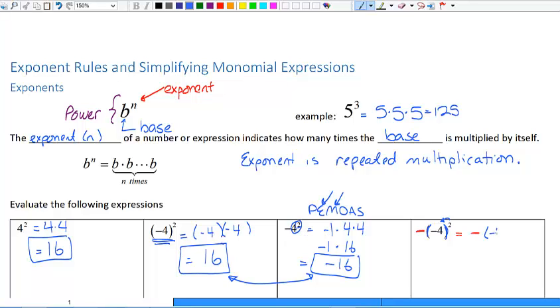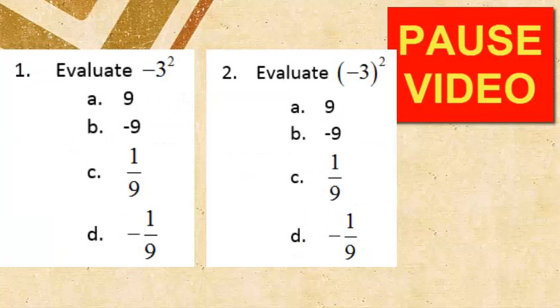So in this case we have the red negative, and then 2 copies of negative 4. A negative times a negative times a negative turns out to be a negative. These two multiply up to be positive 16, and we get the opposite of 16, or negative 16. Okay? So notice that these are all a little bit different. Some of the answers come out the same, some of them don't, but you have to think about each one individually.